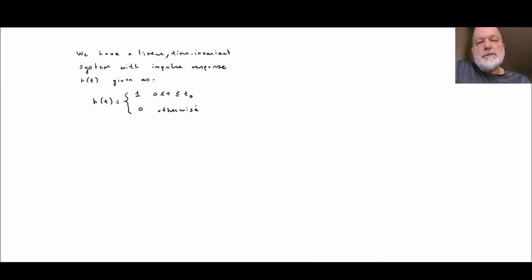Remember that the impulse response is the output signal when the input is a unit impulse.